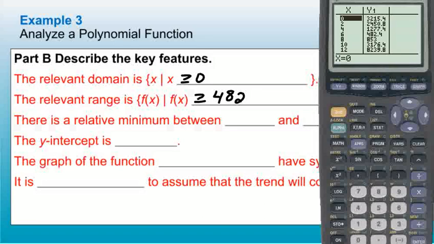So if we have a low point at 482, that's 6 years, so that's 2011. Between 2011 and 8 years after would be the next one, which would be 2013.